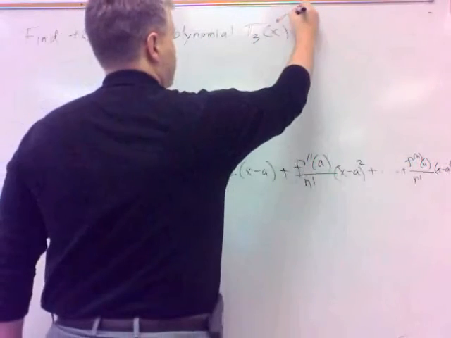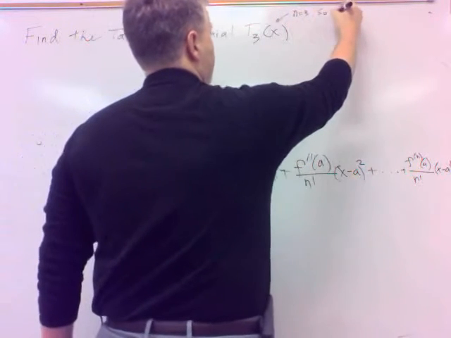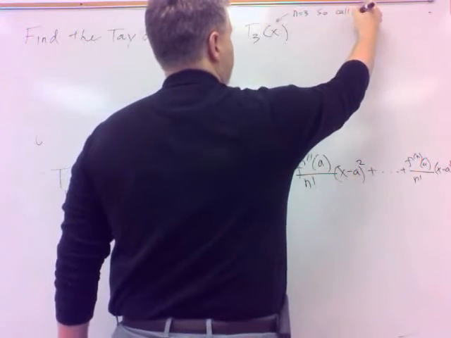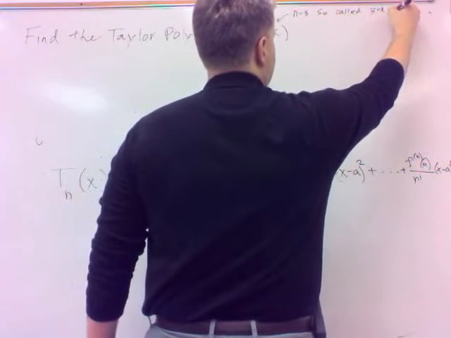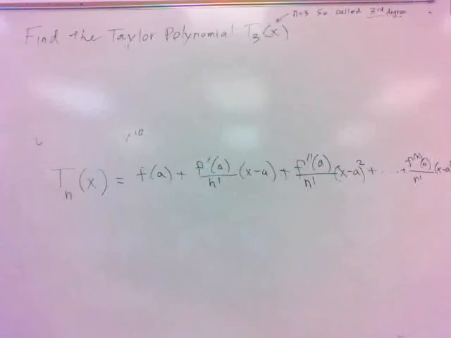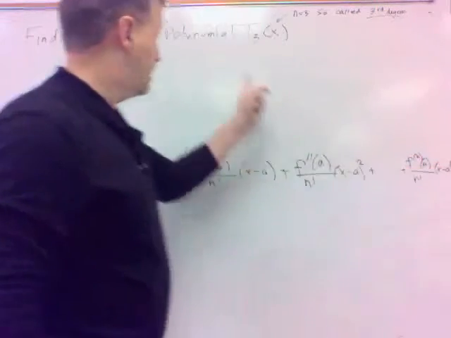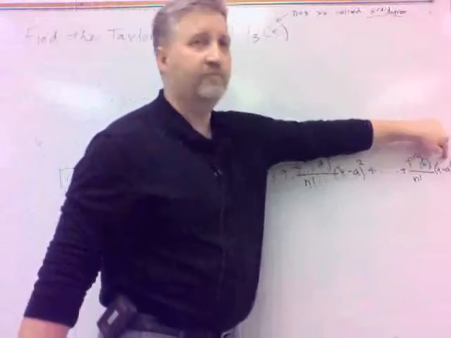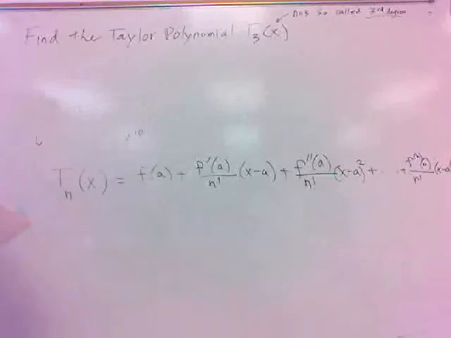Because n equals 3, this is called the third degree Taylor polynomial. For obvious reasons, since n is going to be the power, and I'm doing T3, what power am I going to stop with? Isn't that going to be the third power? So it's going to be third degree. That's where that terminology comes from.